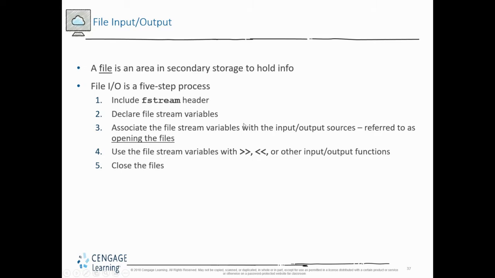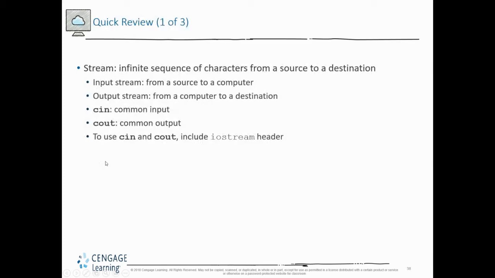Then we associate the file stream variables with the input and output sources, meaning the text files. And that's how we open the file. And then we use the file stream variables with greater than when it's on the input side, less than when it's on the output side, and then we close the files.